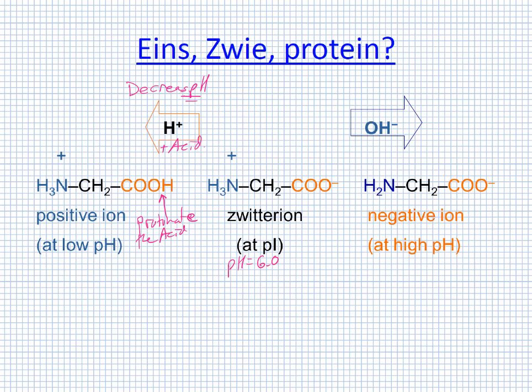We increase the pH. How do we do that? We add base. That increases pH. So you're adding hydroxide ions. What happens here is a little bit more difficult to see. Actually this plus charge should be down here on that nitrogen.